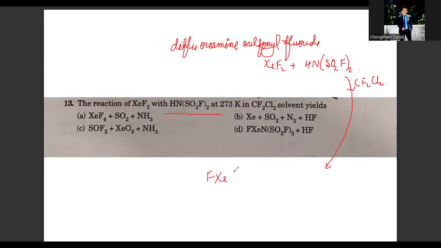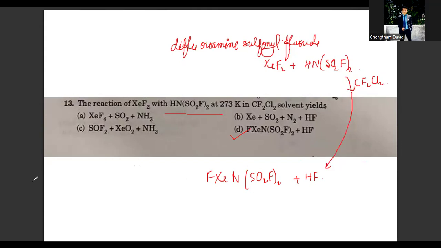So we now have this product, F2, and the byproduct will be hydrogen fluoride. So this reaction involves the formation of a xenon compound and the release of hydrogen fluoride as the byproduct. So the answer for this question number 13 would be D.